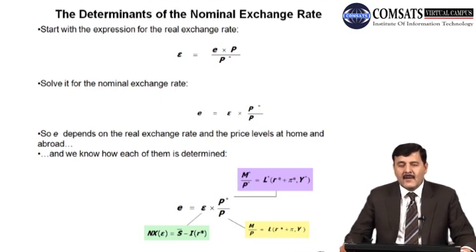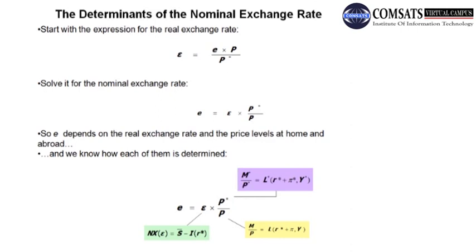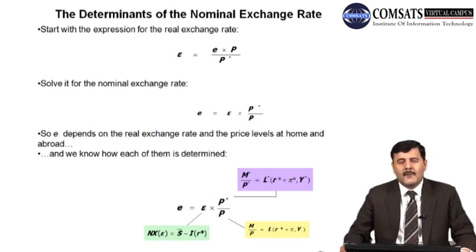The real exchange rate is determined, as we saw in the previous slide, by NX equal to S minus I. So the real exchange rate is determined by the net exports of a country, which is equal to the net capital outflow, the difference between saving and investment.